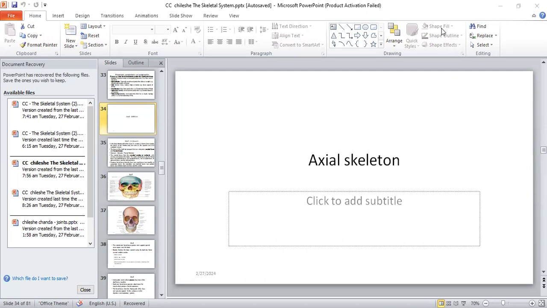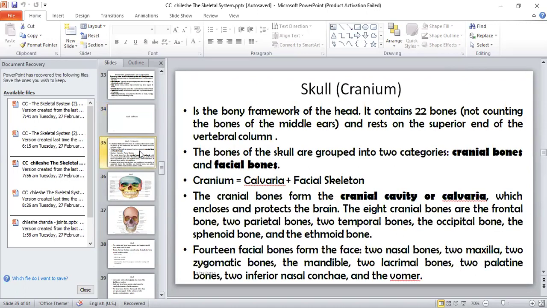So let us go ahead and talk in detail about the axioskeleton. We did mention that the entire skeleton is divided into the axioskeleton and the appendicular skeleton.